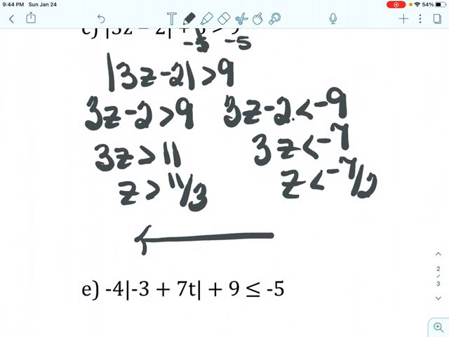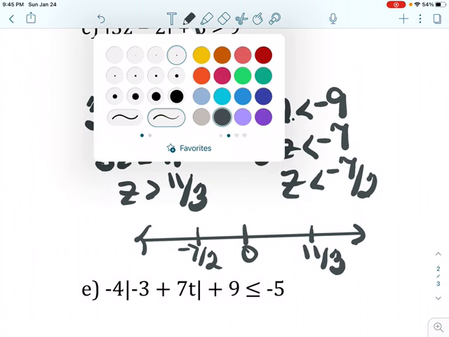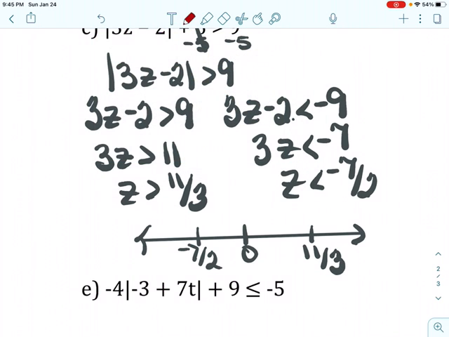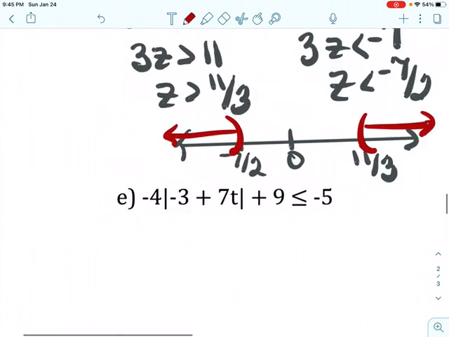And fractions are fine. When we draw our graph, we're not being real specific here. We have 0. We can just put negative 7 halves on this side, 11 thirds on the positive side. Let's see, we got parenthesis less than negative 7 halves and parenthesis greater than 11 thirds.